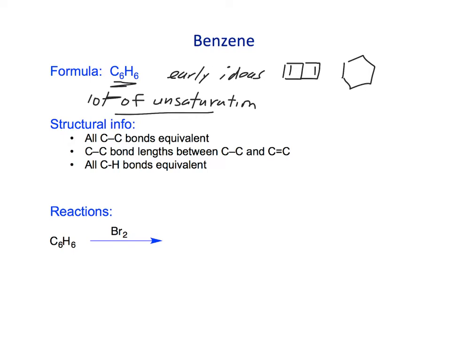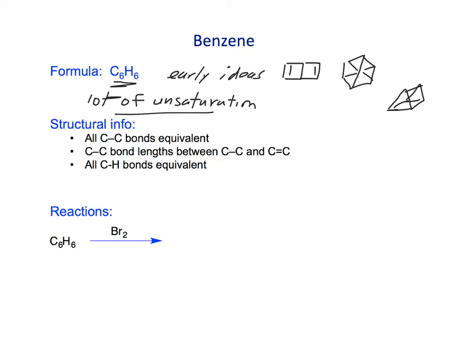It has this 6-membered ring, but they have bonds across. This one's back behind, and this one's back behind. Right? So I don't know how you'd even make a 3-dimensional molecule of that, but that was one of the ideas. Another one was kind of like 2 triangles like this. Right? So there was a lot of different ideas that were kind of crazy.